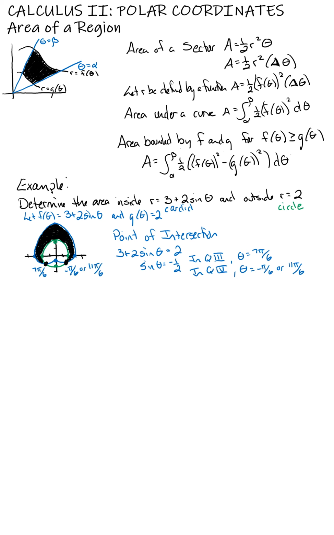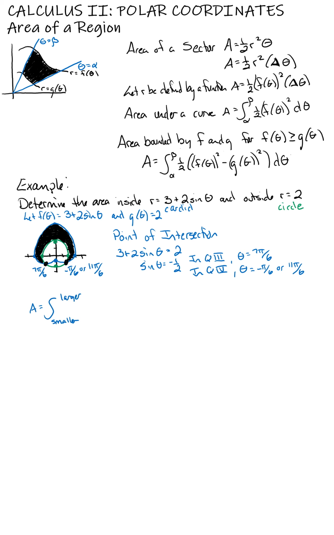Notice that our coordinate system goes in the counterclockwise direction. So I want to go from quadrant 4 to quadrant 3. And remember, when we integrate, this has to be the smaller value and this has to be the larger value.